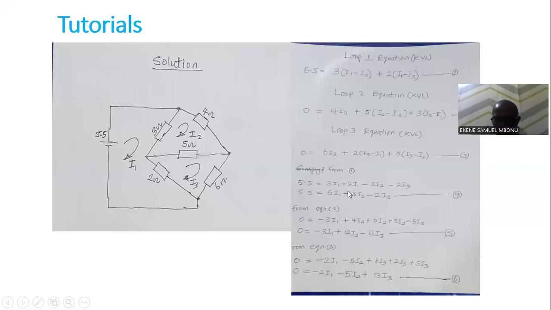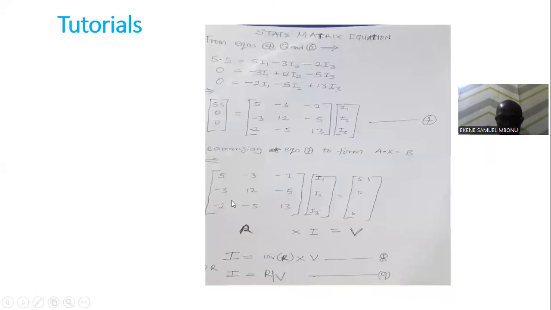From equation 1, we get that 5.5 is equal to 5I1 minus 3I2 minus 2I3. From equation 2, we gather that 0 is equal to minus 3I1 plus 12I2 minus 5I3 when we open the bracket. From equation 3, we get that 0 is equal to minus 2I1 minus 5I2 plus 13I3.